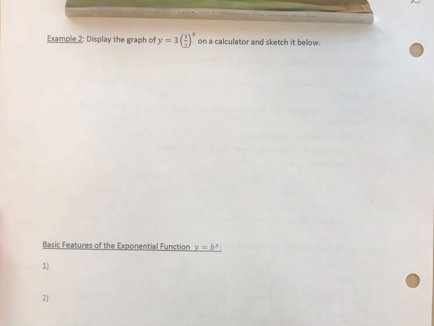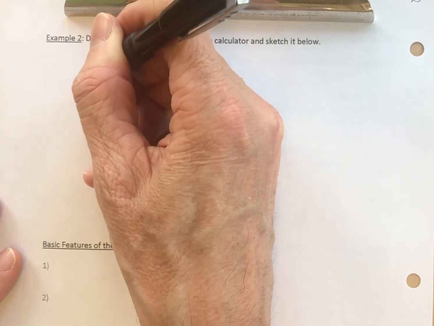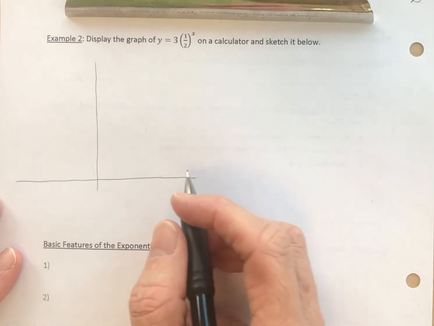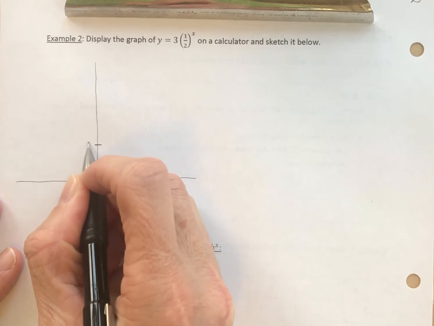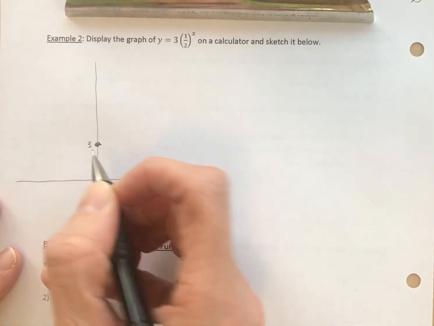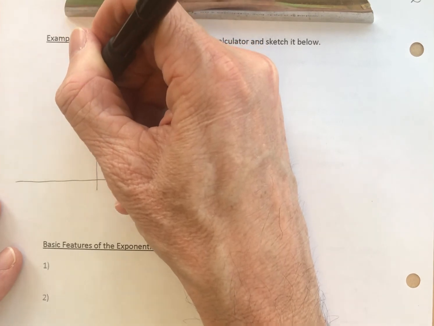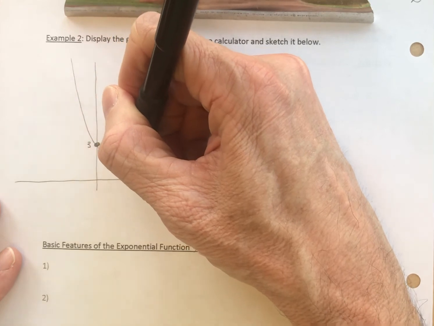We'll just make a simple graph of what it looks like. We noted again that all x's worked and that the output was always positive. So we'll go like this. We'll simply say, well, this graph crossed at 3, so we'll put a point here. It came down from up high on the left, crossed at 3, and then it dropped down.